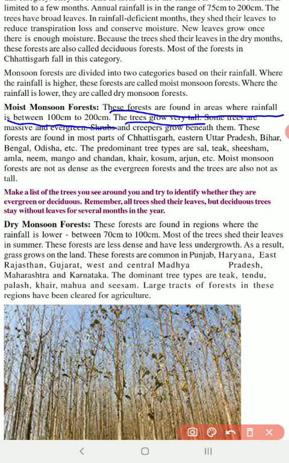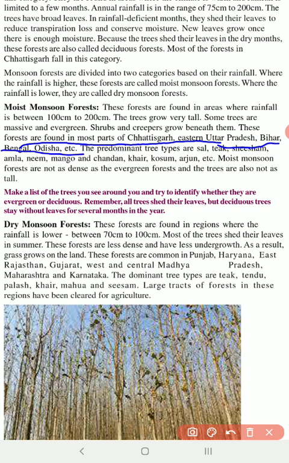There the trees grow very tall, some are massive evergreens, and shrubs and creepers grow beneath them, which means there are trees, and beneath the trees there is so much grass, shrubs, bushes and so on. These forests are found in most parts of Chhattisgarh, eastern Uttar Pradesh, Bihar, Bengal and Odisha.